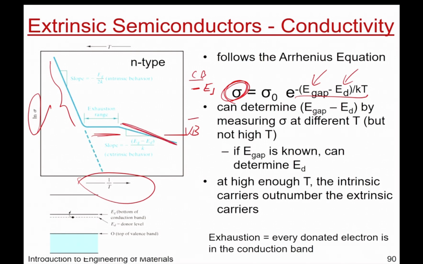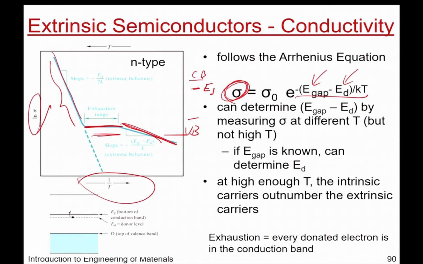When your slopes are changing, that's an indication of different processes happening in your material. Like with oxidation or diffusion, it's telling you that probably a phase transformation or something else is happening in your lattice. Here you have two different slopes and also what's called an exhaustion range.